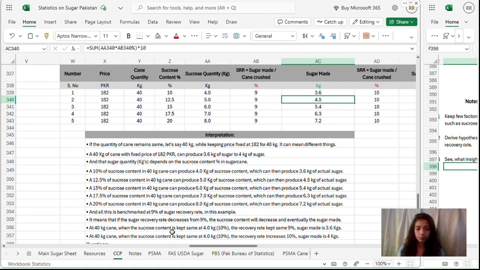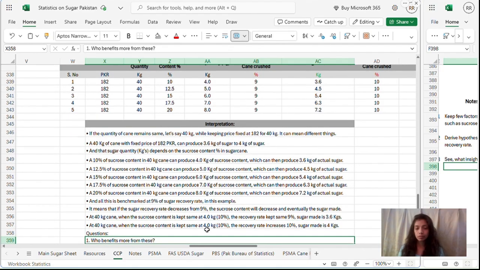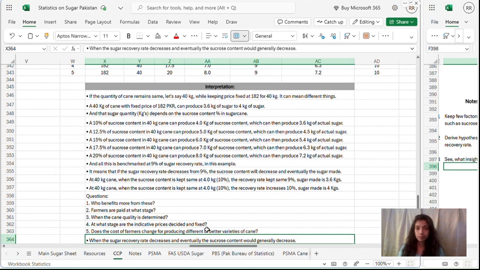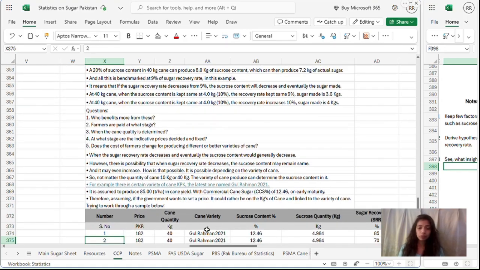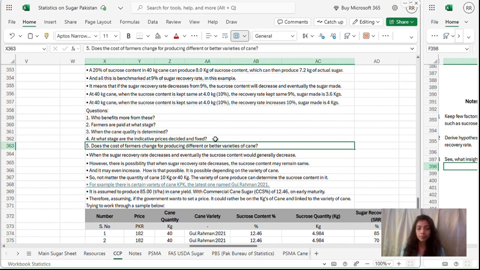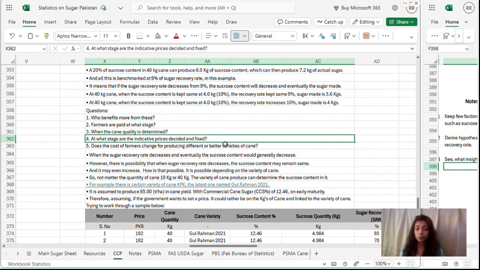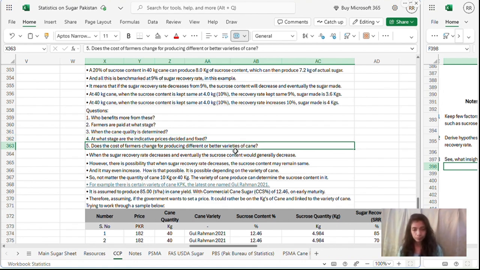So we ask questions from the data that we see. We think on it and we try to find the answers. One of the questions came to my mind when I looked at that data while I was doing the research and exploring it. It prompted me to read more literature. At what stage are the indicative prices decided and fixed? Does the cost to farmers change for producing different or better varieties of cane?